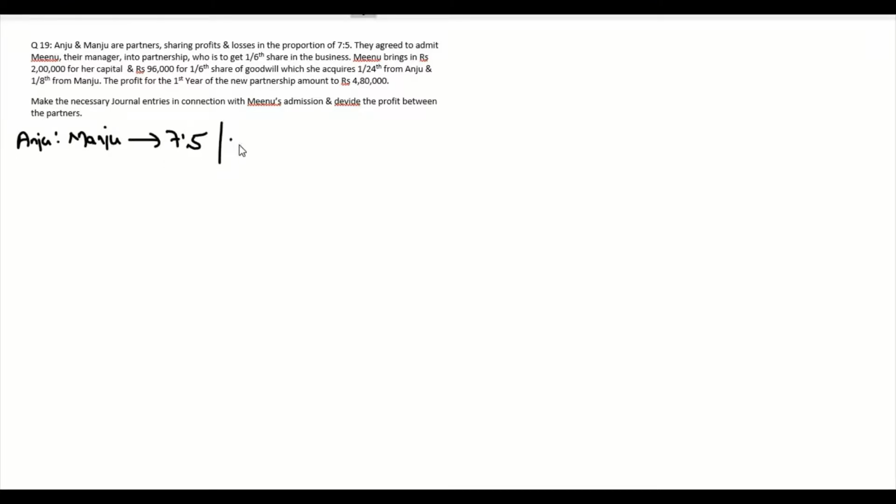Then they admitted Meenu to their partnership for 1/6 share of profit, and this she's acquiring 1/24 from Anju and 1/8 from Manju. And she also brings in capital rupees 2 lakhs and goodwill rupees 96,000.